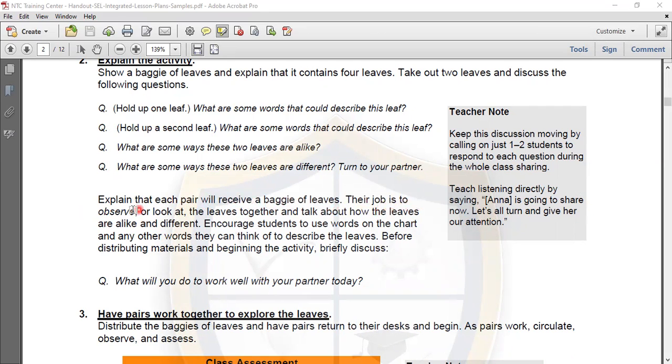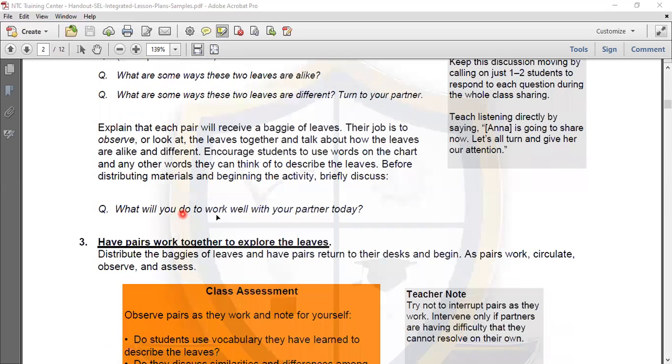Their job is to observe the leaves together and talk about how the leaves are alike and different. Encourage students to use words from the chart and any other words they can think of to describe the leaves.